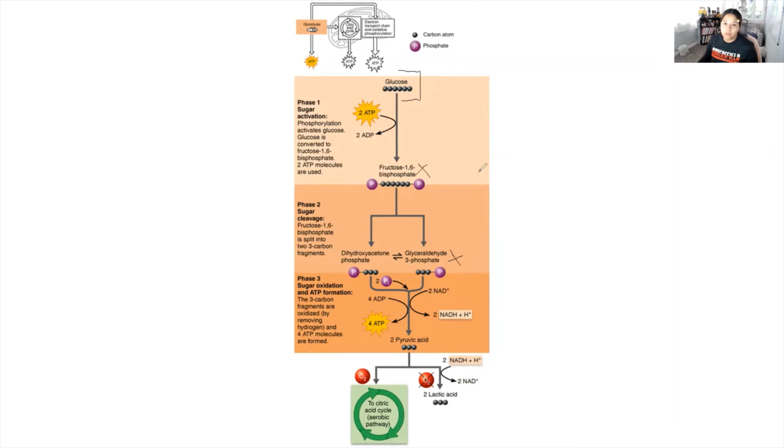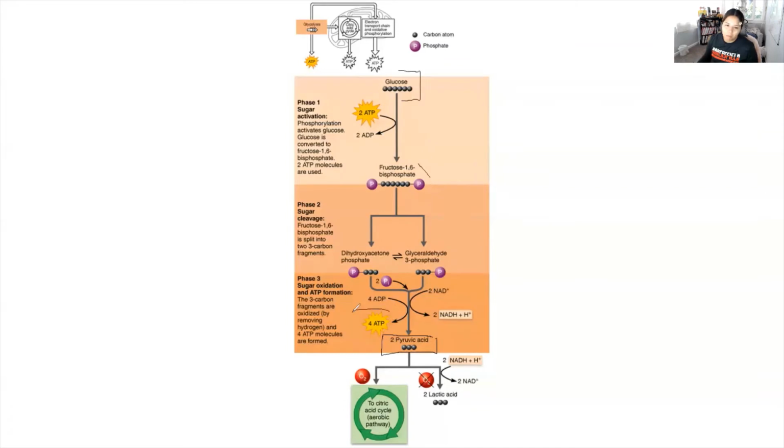Now that glucose gets broken down into 2 pyruvic acids. Again, you don't need to know the whole process of how it gets there. If you were to take a cell biology class, you would have to know all of these things, but for now you do not. But that glucose is used to be broken down into 2 pyruvic acids. And again, because we're going to be breaking a covalent bond, we will release some energy.